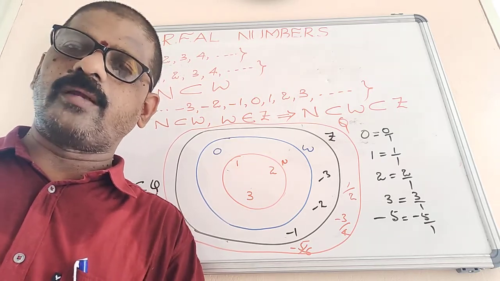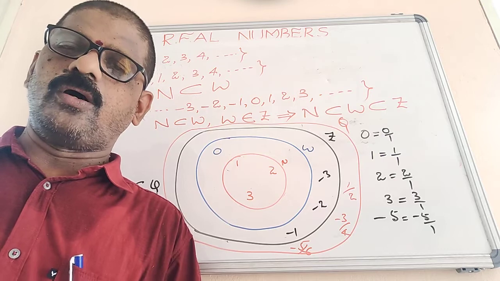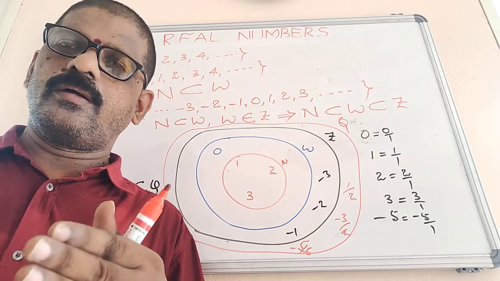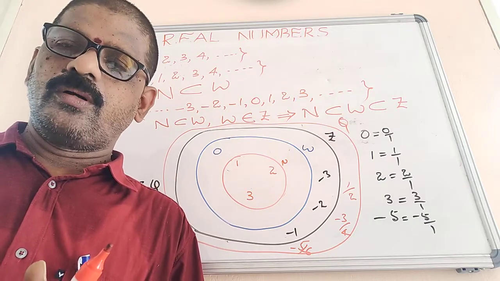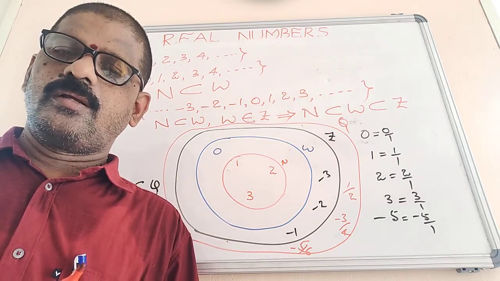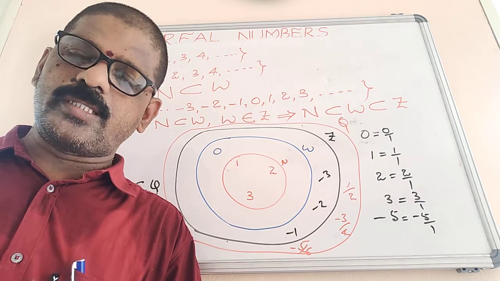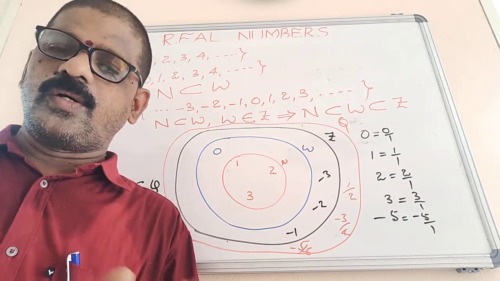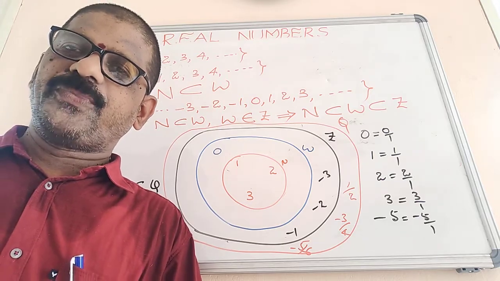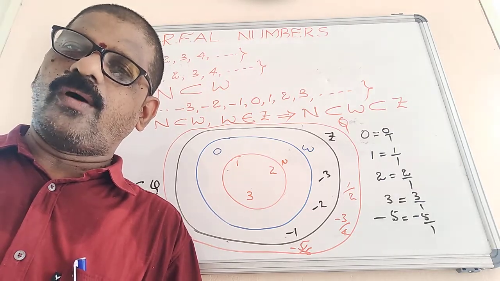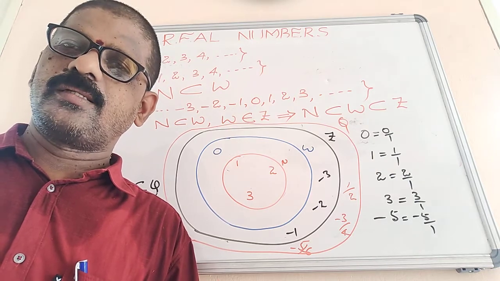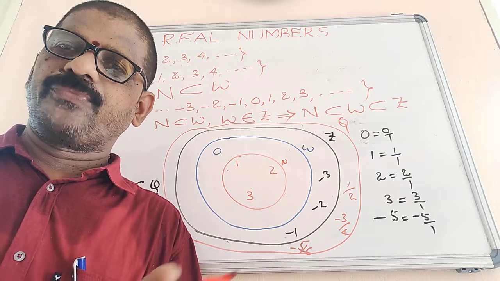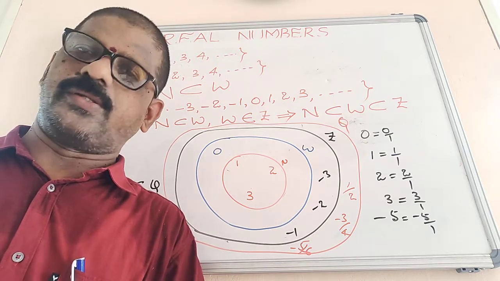What is called non-terminating? What is called irrational? Already I discussed rational numbers: integers, non-integers, positive integers, negative integers, natural numbers, whole numbers, and also how to represent natural numbers, whole numbers, integers on the number line.